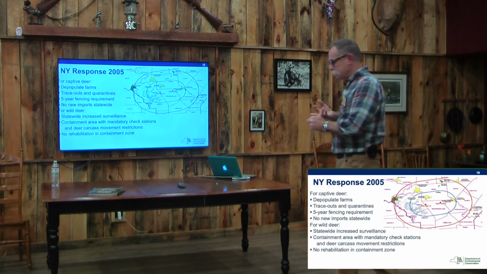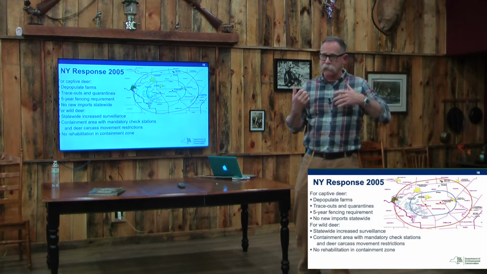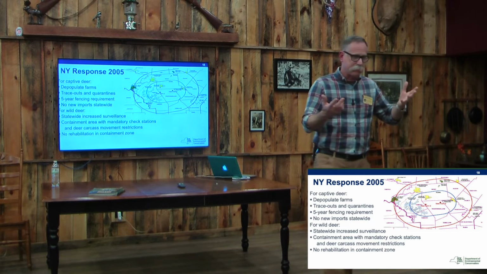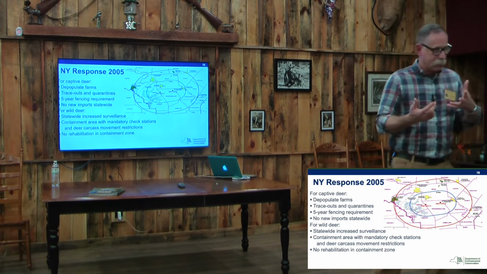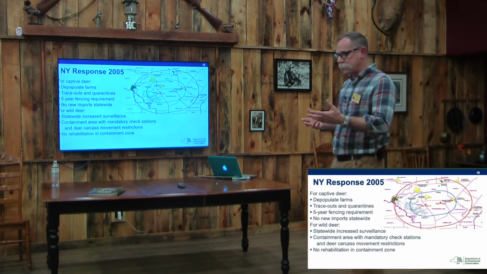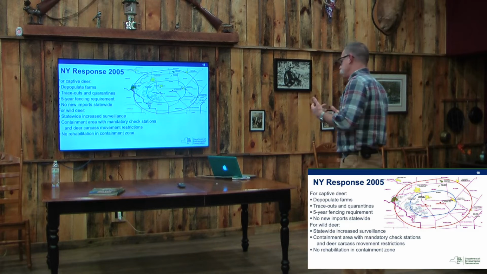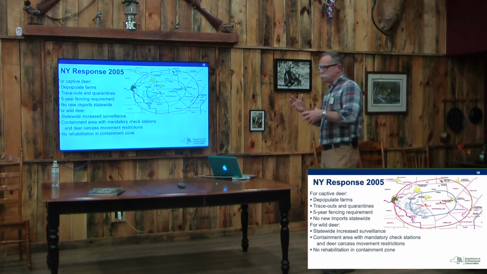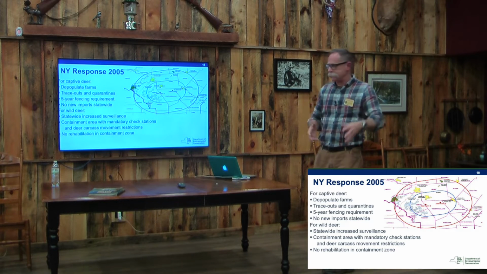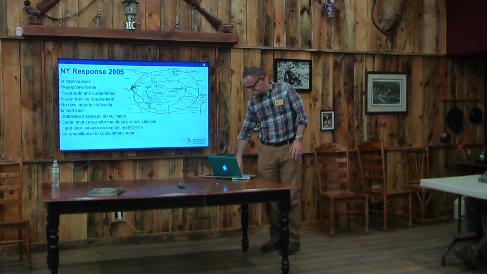He was a taxidermist, and he was doing taxidermy work from deer out west where chronic wasting disease is endemic. So it may have come in that way. And then he was also a wildlife rehabilitator that specialized in wild fawns. So he had wild fawns in his facility, and they were mingling with the taxidermy stuff. In hindsight, it was really a bad situation.